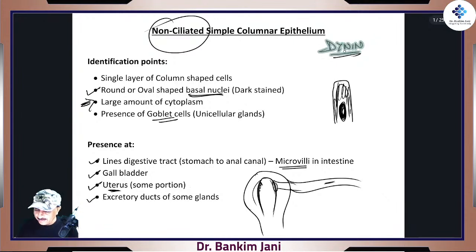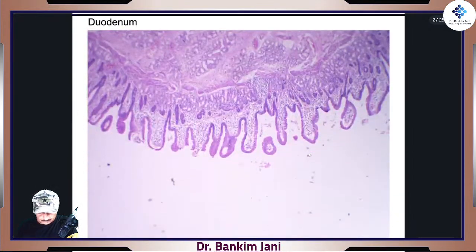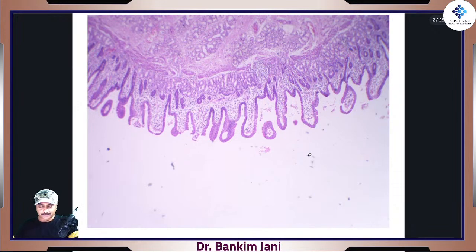I'm erasing dynein from here because dynein will obviously not come into this picture right now. Here is a duodenum, right? Focus is always towards the wall, right? The caliber.